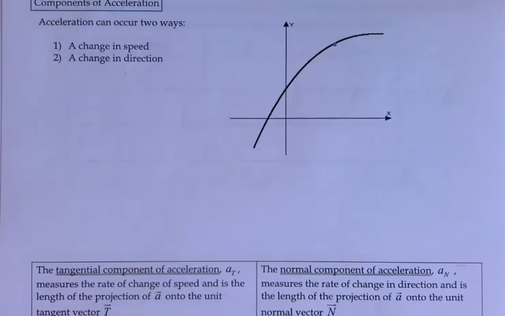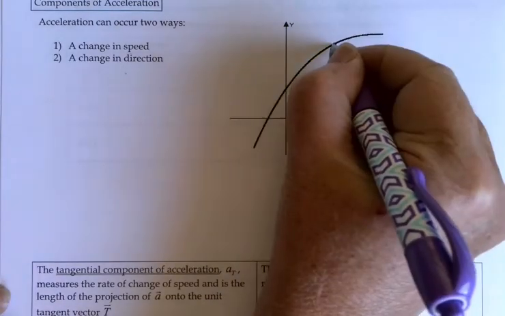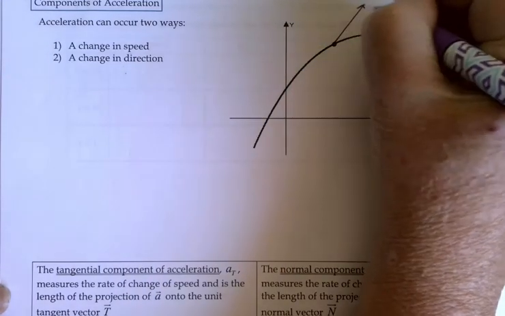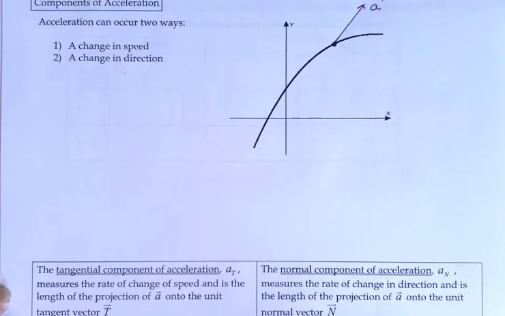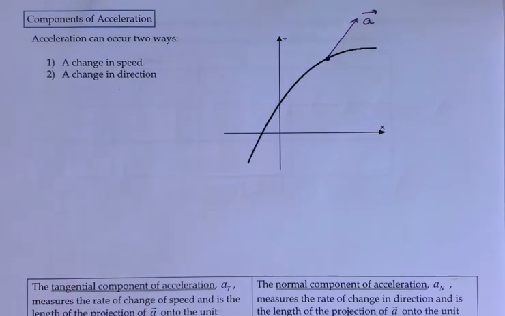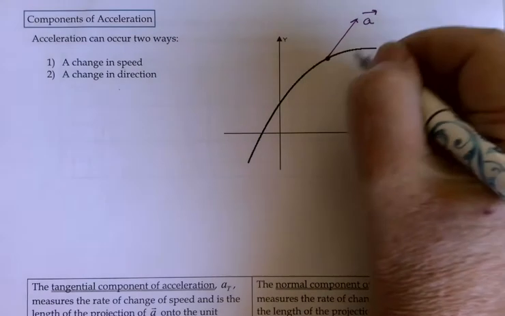And so let's suppose that I've got kind of a generic acceleration vector here. I'm just going to suppose at this point my acceleration vector looks like this. The tangential acceleration component, a sub t, measures the rate of change of speed.